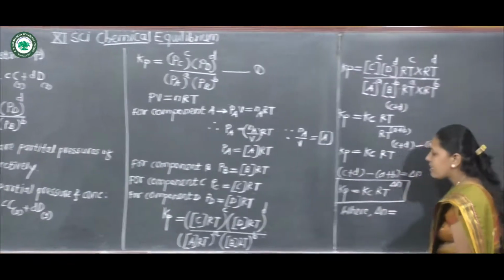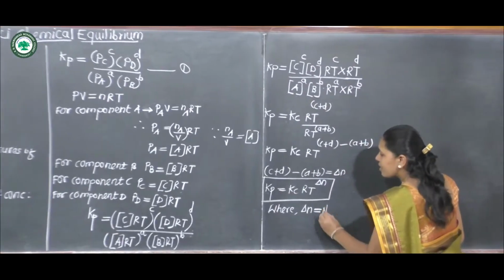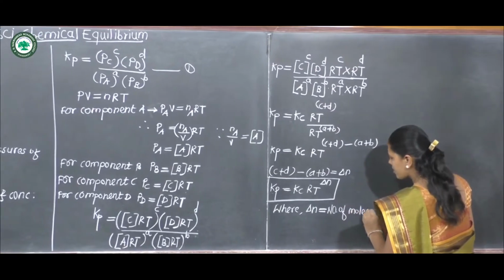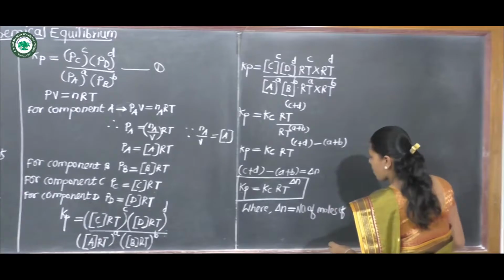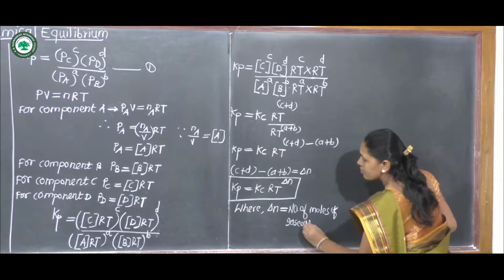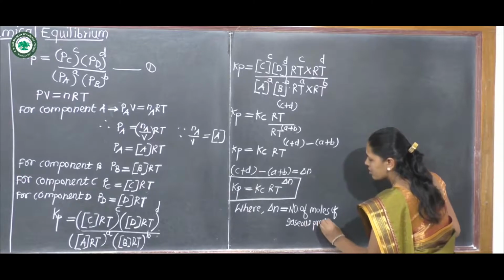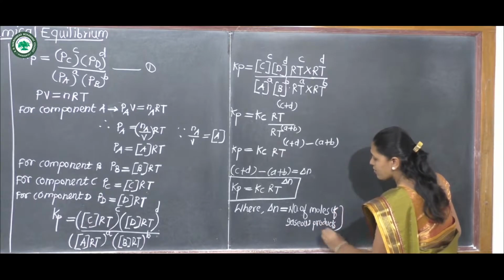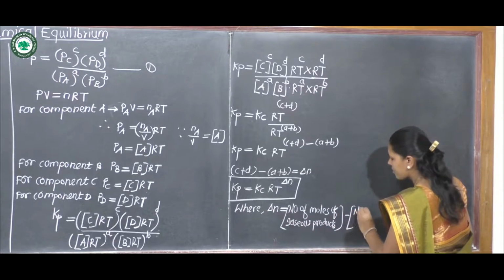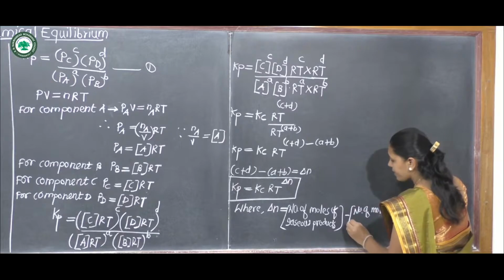Therefore, delta n is number of moles of gaseous products minus number of moles of gaseous reactants.